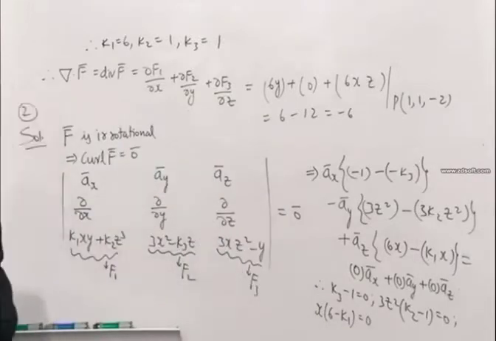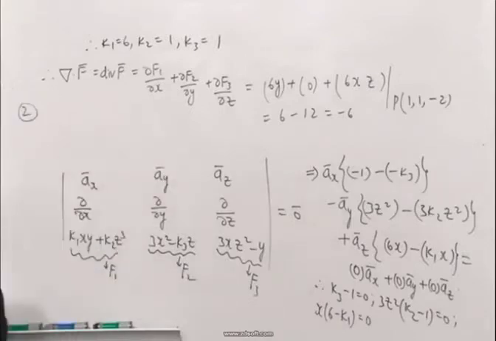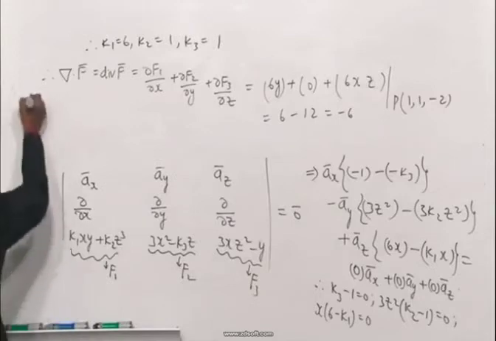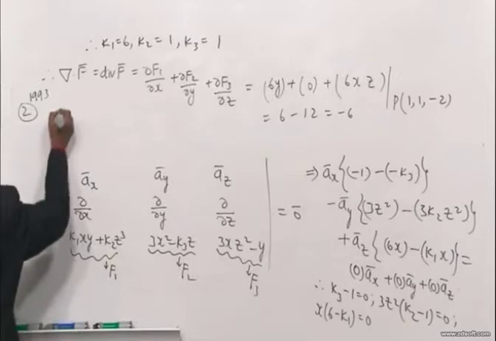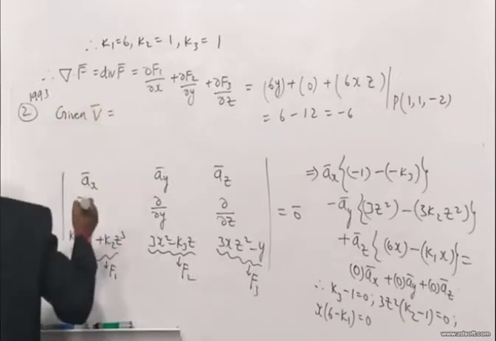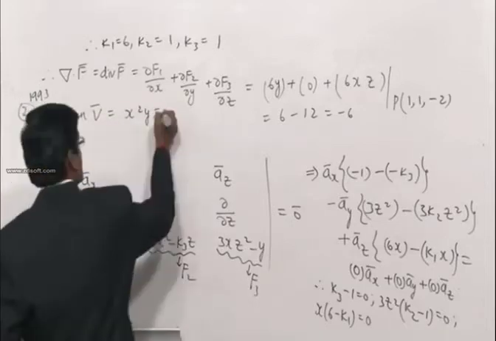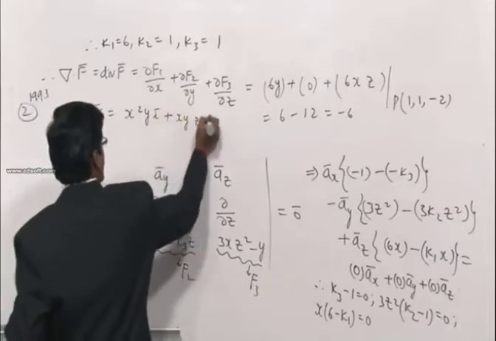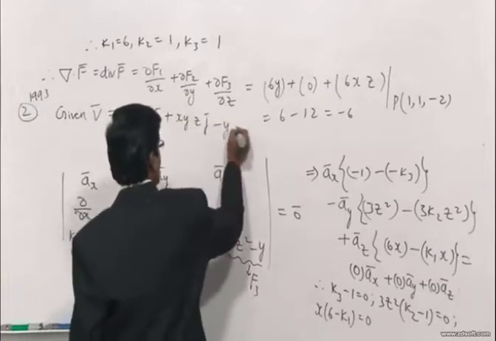Second example (1993). Given V bar is equal to x square y i bar plus xyz j bar minus yz square k bar.